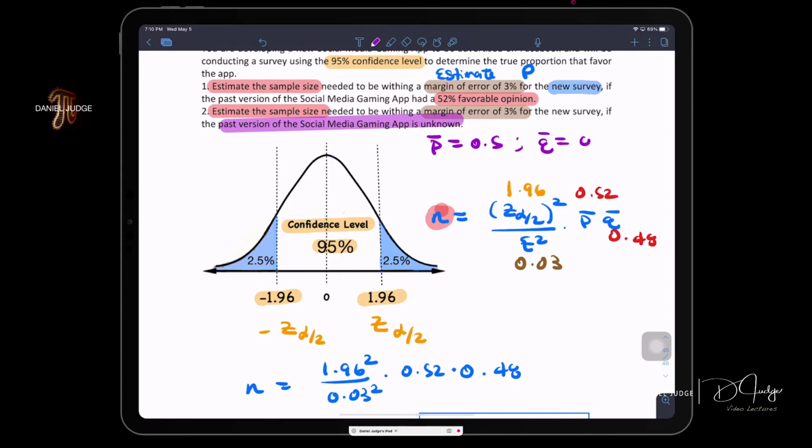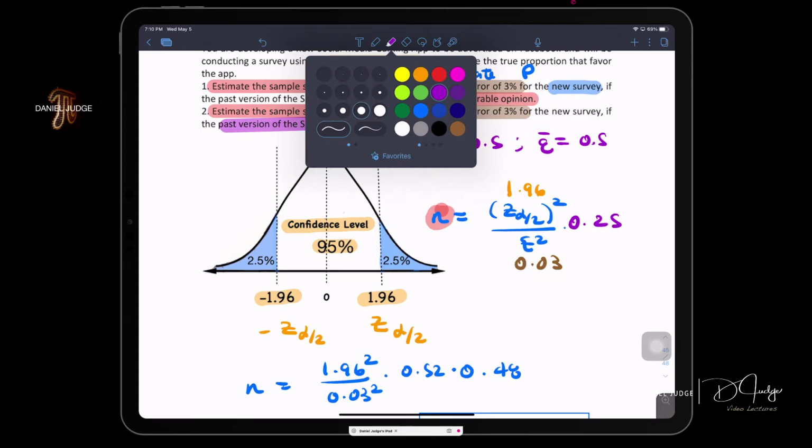The complement is 0.5. And so by the formula, we multiply 0.5 with 0.5, we get 0.25. So this is the second formula here.